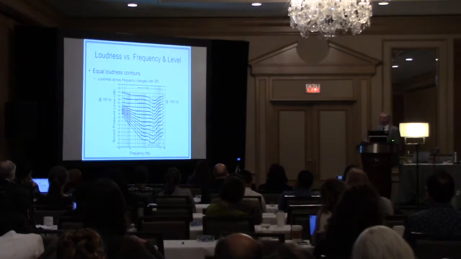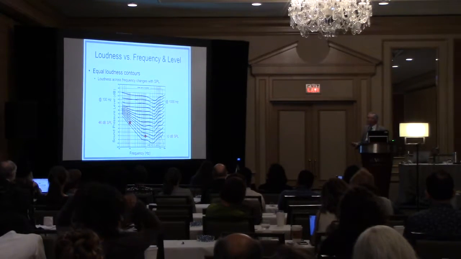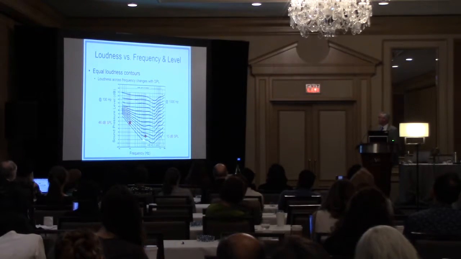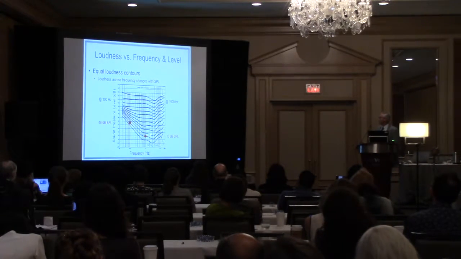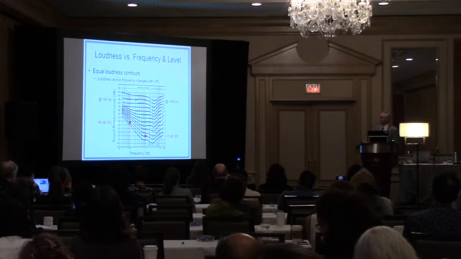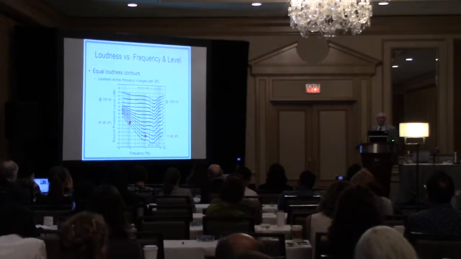So for low-level sounds, say 10 decibels above the level that you can just barely detect, a sound that is only 10 decibels sound pressure level is equally loud as a 100 hertz sound that's 46 decibel sound pressure level. So they have the same loudness but very different SPL.